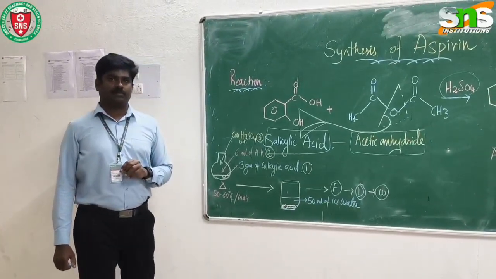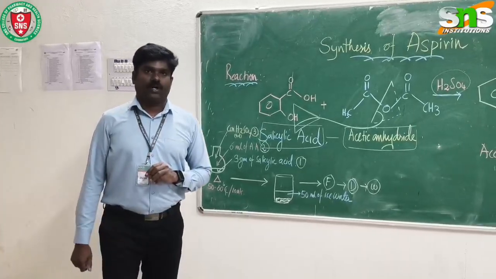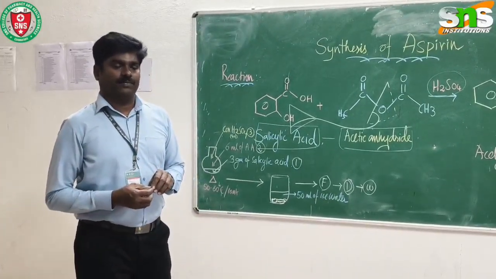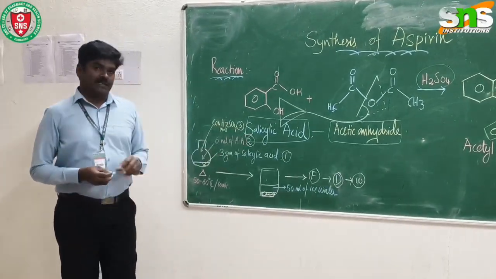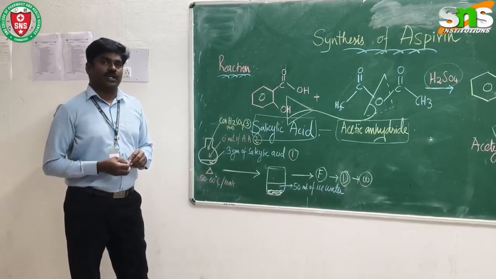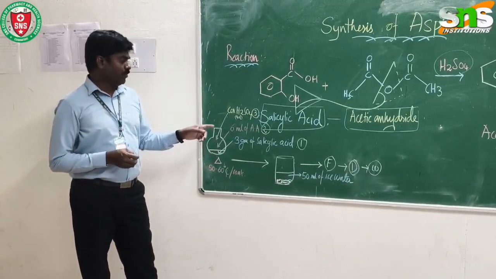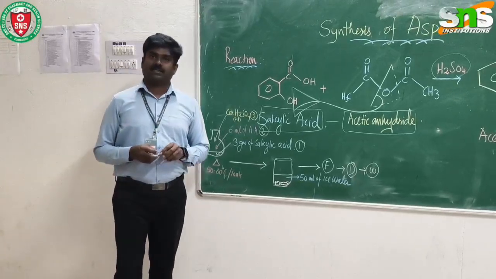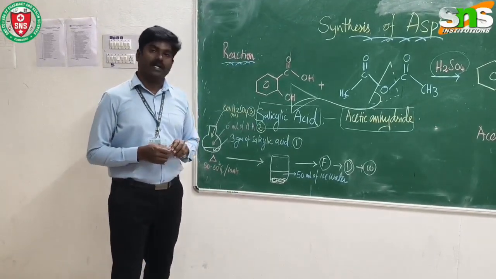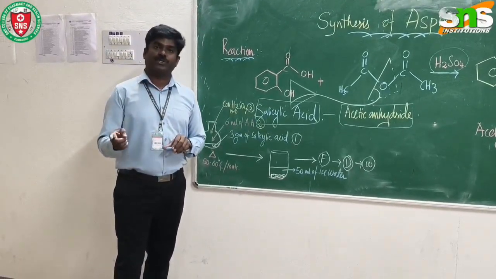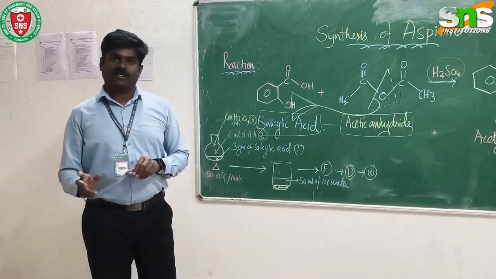I am repeating the same steps once again. First, take 3 grams of salicylic acid and transfer it into the round bottom flask. Step 2, measure exactly 6 ml of acetic anhydride and transfer it into the same flask.